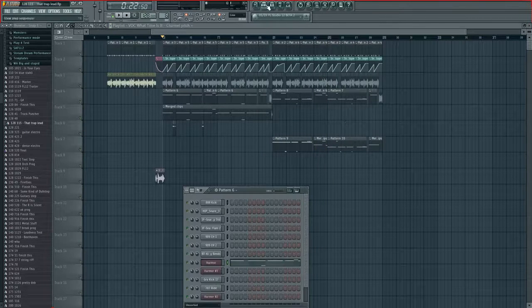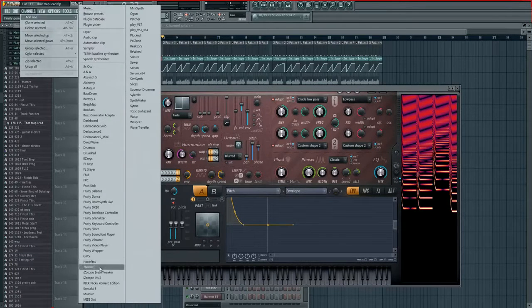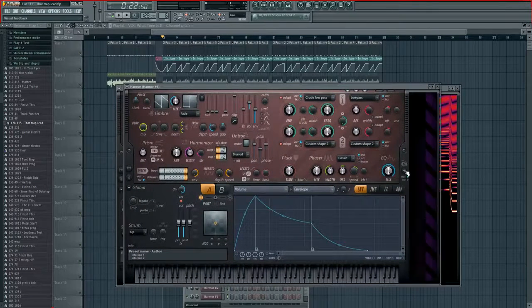Is that mainly that frequency shifter? Yep. What I did in Harmor is kind of the opposite. Instead of crushing up, it crushes down. Okay.